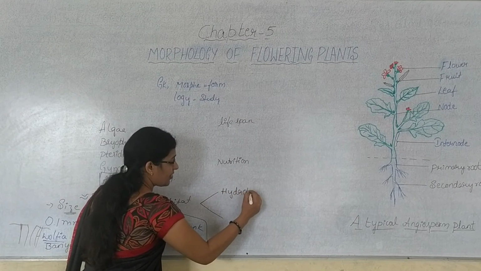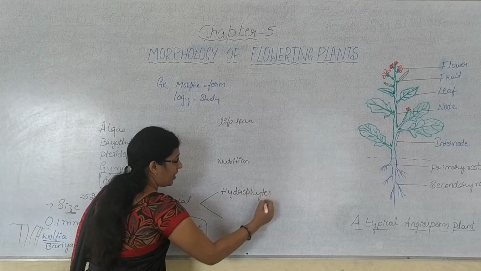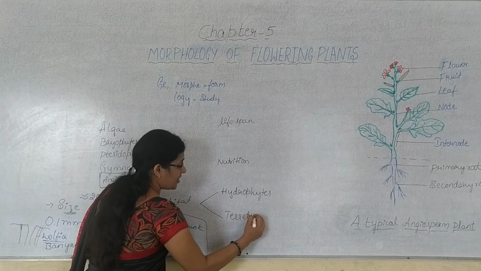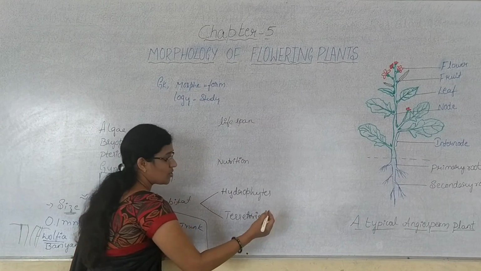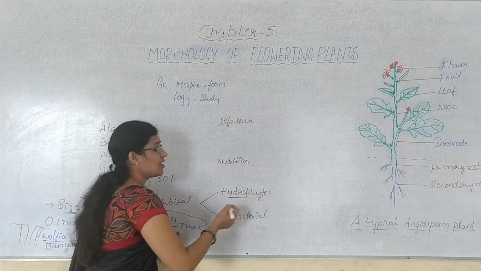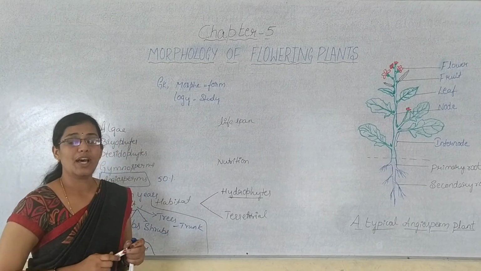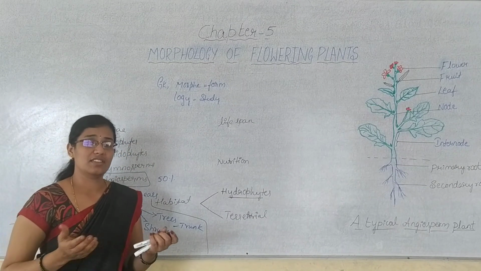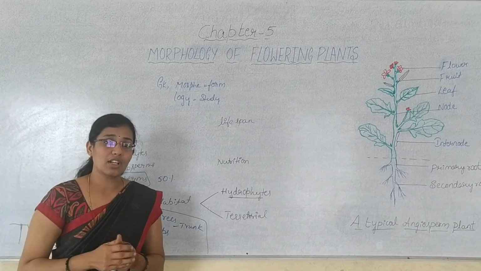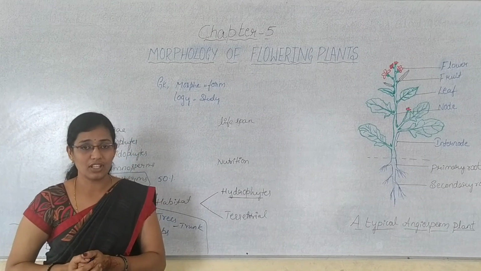hydrophytes. They are divided into hydrophytes as well as terrestrial forms or plants. What do you mean by hydrophytes? Hydrophytes are nothing but the aquatic plants which live inside the water. Inside or present under the water, or they might be floating on the water.